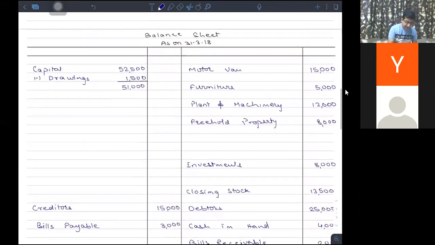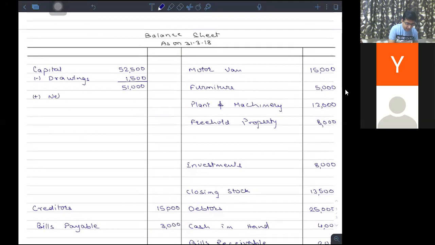So in the balance sheet liability side, to the capital, add net profit during the year, 23,500. The total of that will be taken to the outer amount column now. So your closing capital balance becomes 74,500.